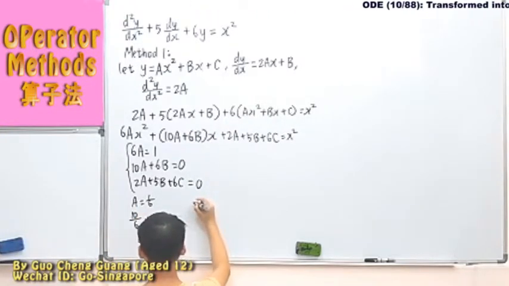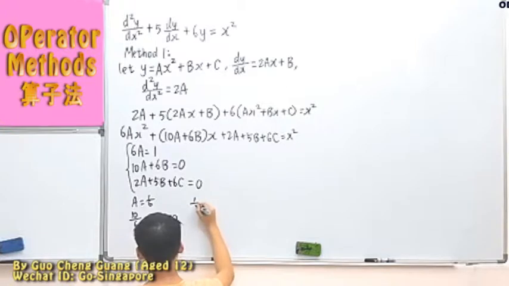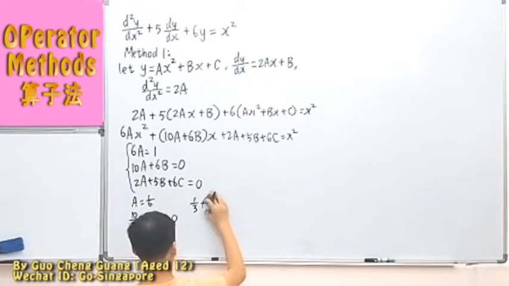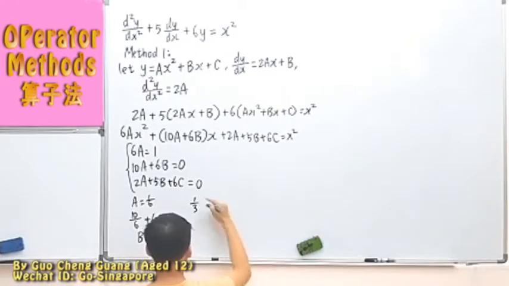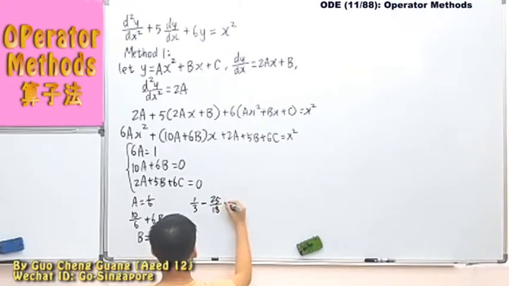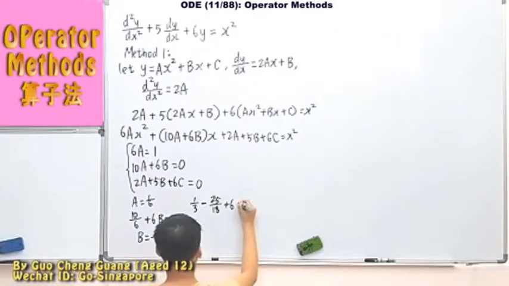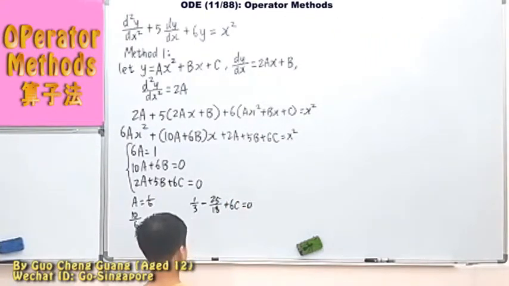So 2a here is 1 over 3. After that, you have to minus, and this part is equal to 0.